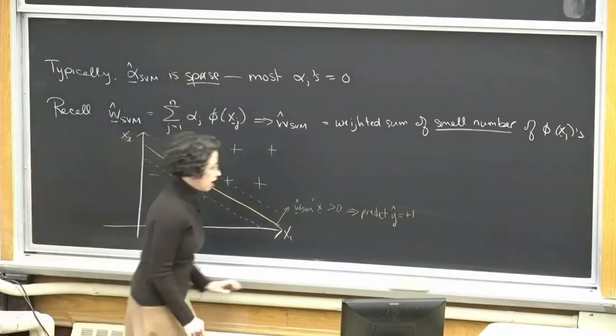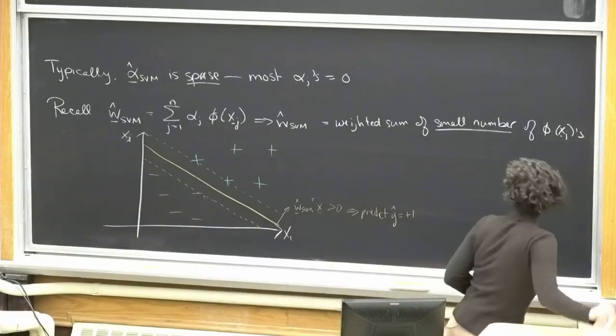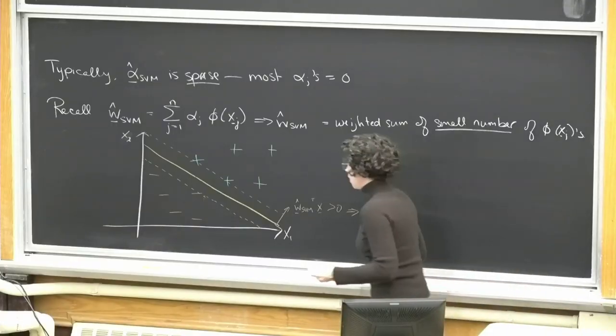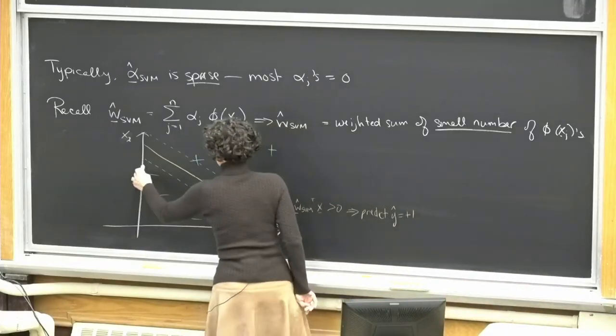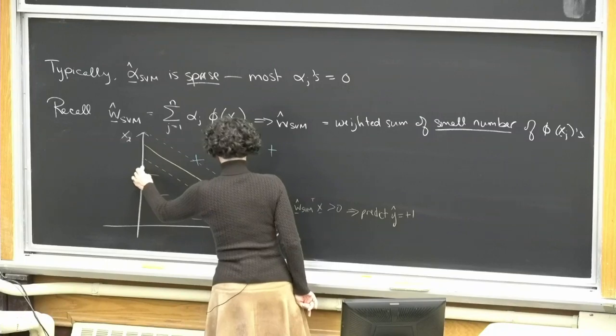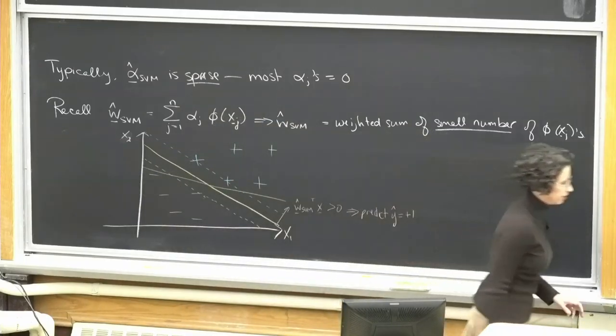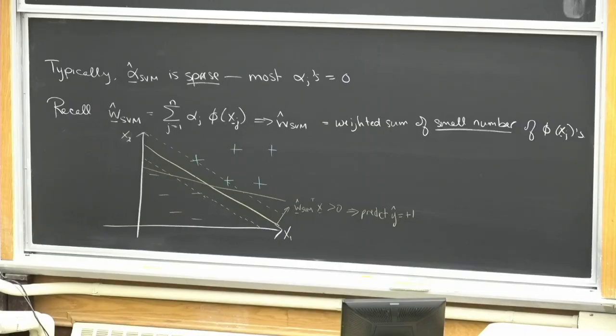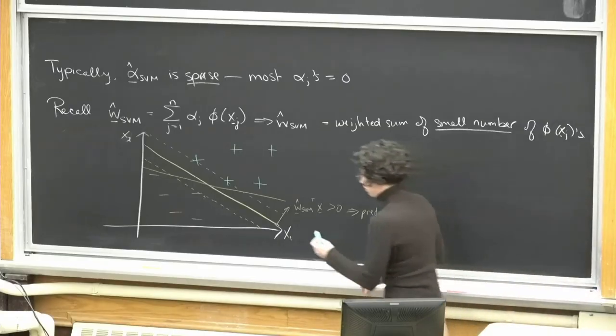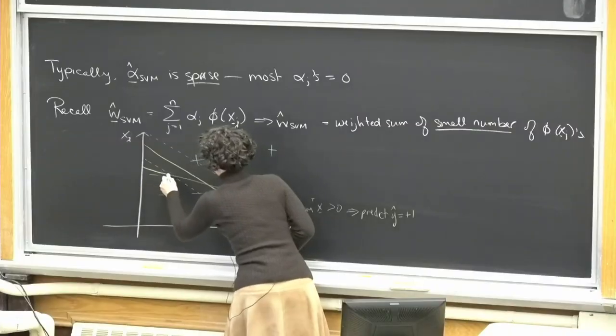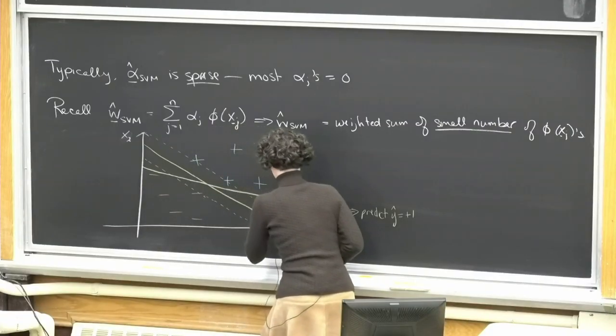So to contrast, imagine that I considered a different decision boundary that looks like this. That's not enough color contrast, and unfortunately the colors are even less visible on the videos.